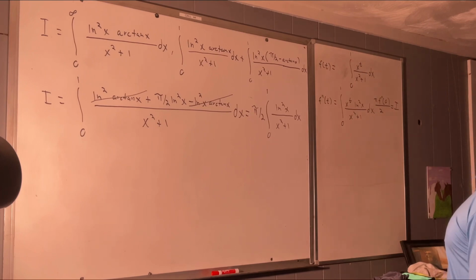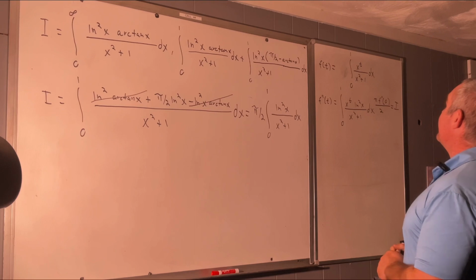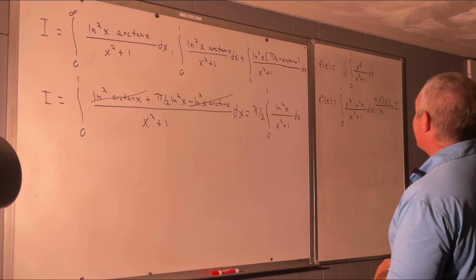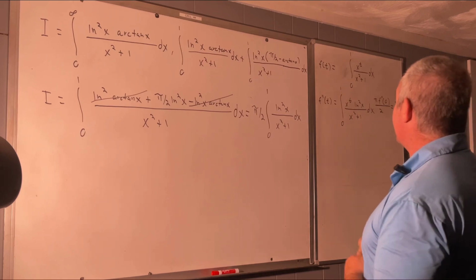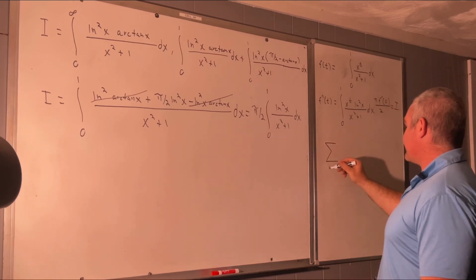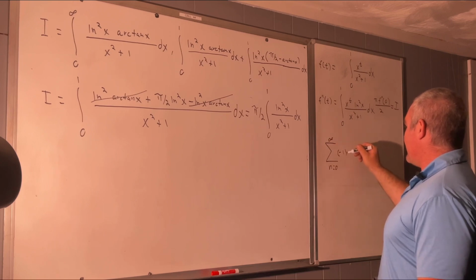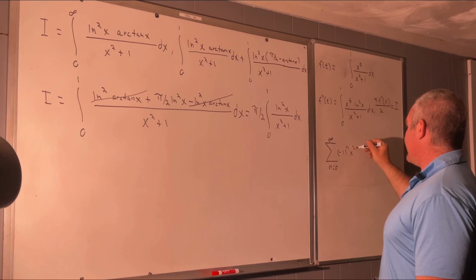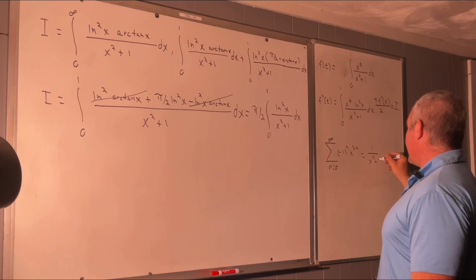All right, where to go from here? I really need to write this down. This is true, that the sum as n goes from 0 to infinity of negative 1 to the n times x to the 2n is equal to 1 over x squared plus 1.